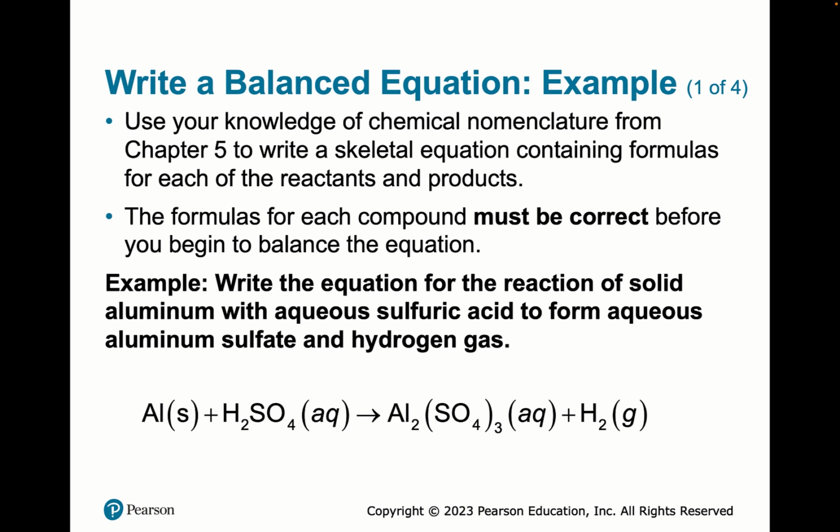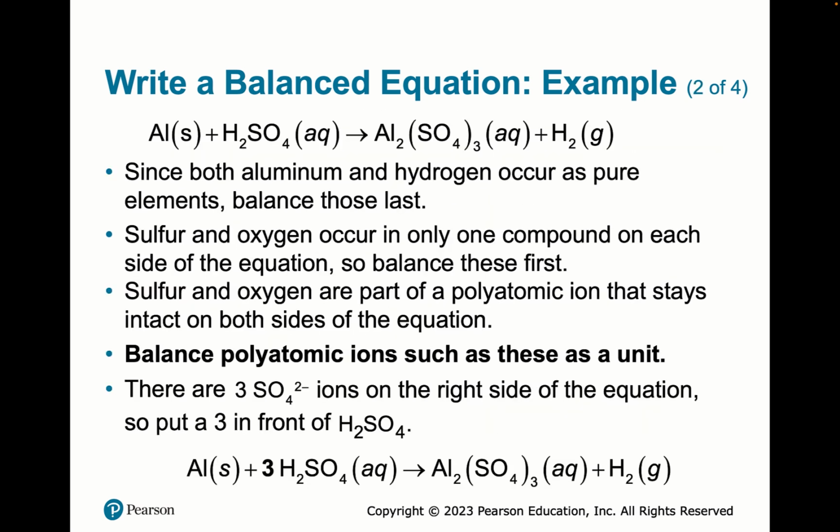Write the equation for the reaction of solid aluminum with aqueous sulfuric acid to form aqueous aluminum sulfate and hydrogen gas. If you look at this, you can see aluminum is found on both sides of the equation. It's probably easiest to start there.